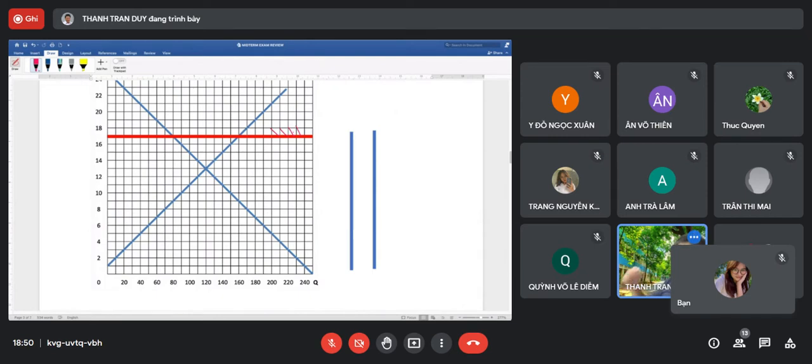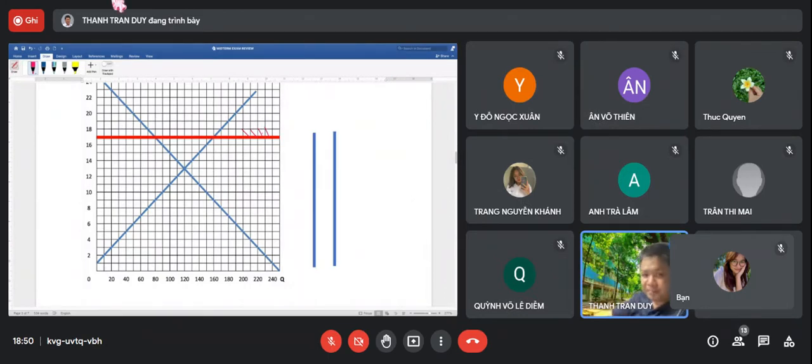If the government imposes a legal maximum price higher than equilibrium, then we have a non-binding price ceiling. However, if this ceiling is below, then this is what we call a binding price ceiling.